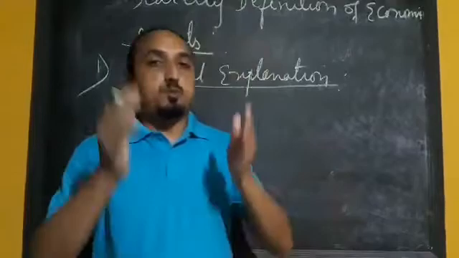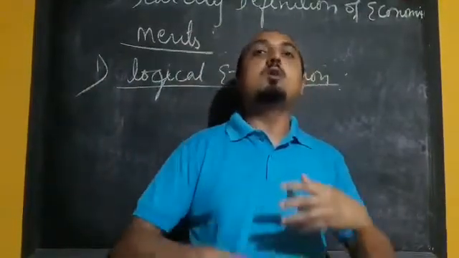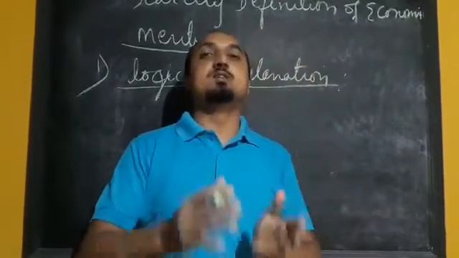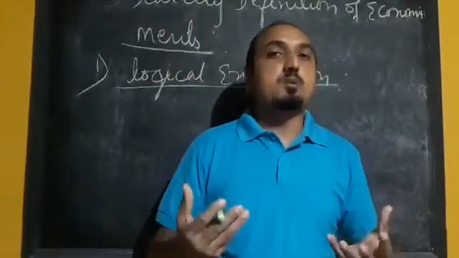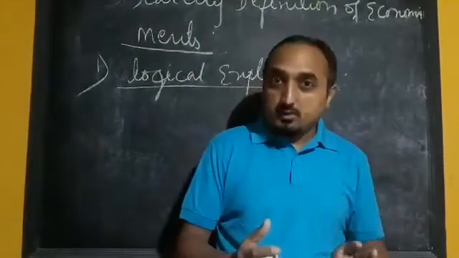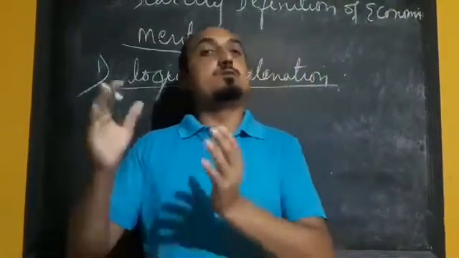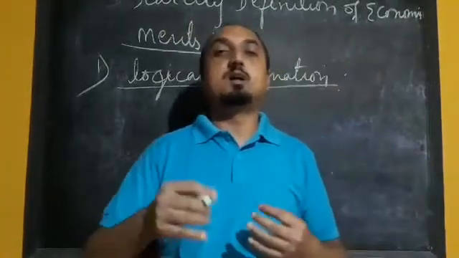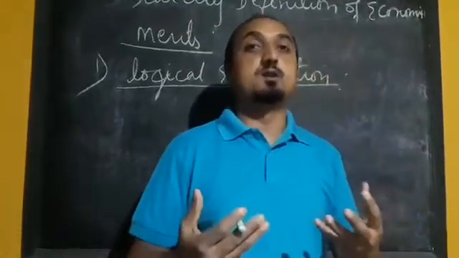Because according to Professor Robbins, the root cause of all the economic problems arises due to scarcity of resources. Once again, why does the economic problem arise? The economic problem arises due to scarcity of resources. Almost all the economic problems arise due to that scarcity of resources, and that's why it is called the logical explanation.